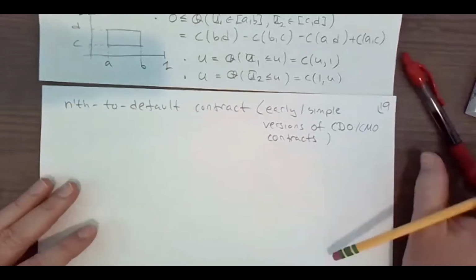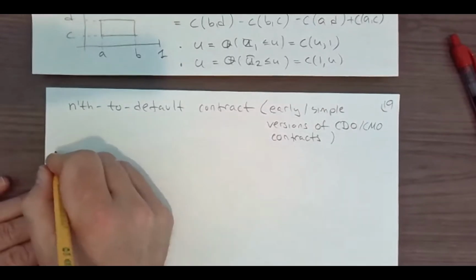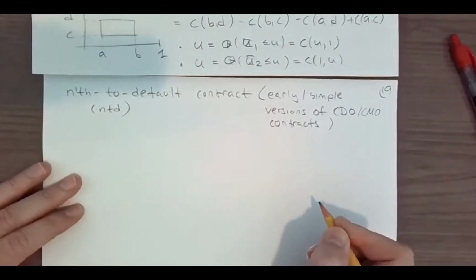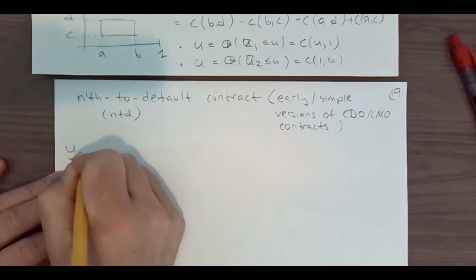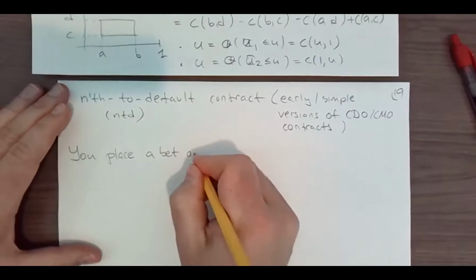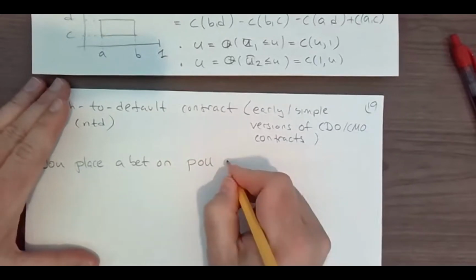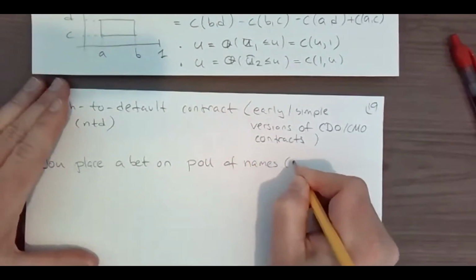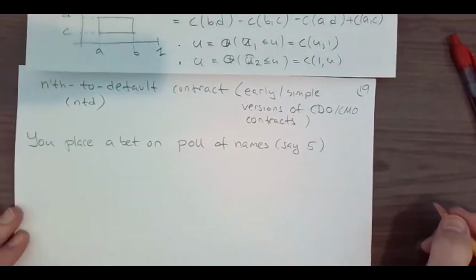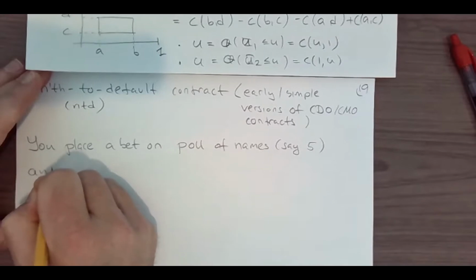The nth to default contract works very much like a CDS. So this is called nth to default. You place a bet on a pool of names, say 5 in my numerical example, which we're going to look at in a second.